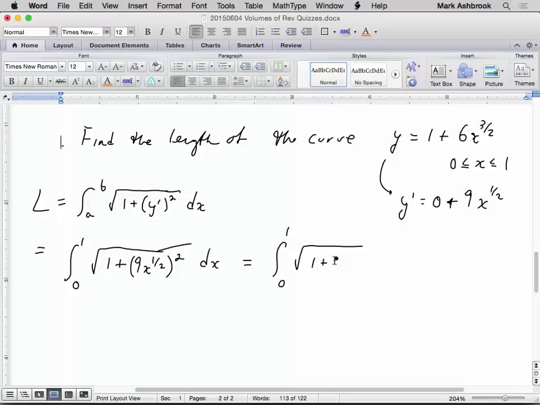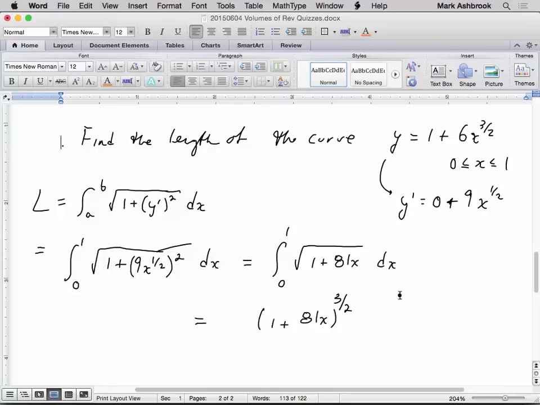So this turns out to be 1 plus 81x. And that's a piece of cake. How do we do the antiderivative of that? 1 plus 81x to the 1 half, 3 halves.